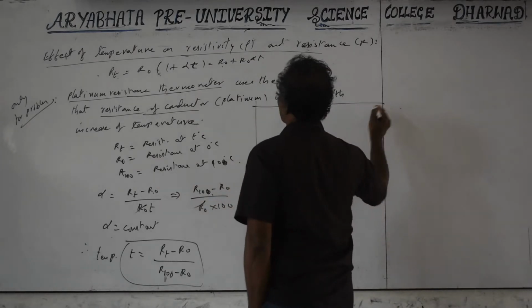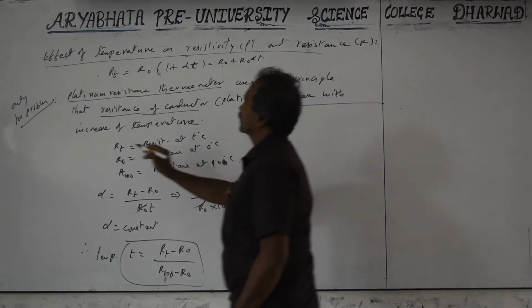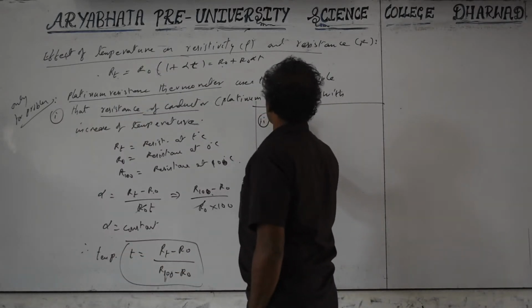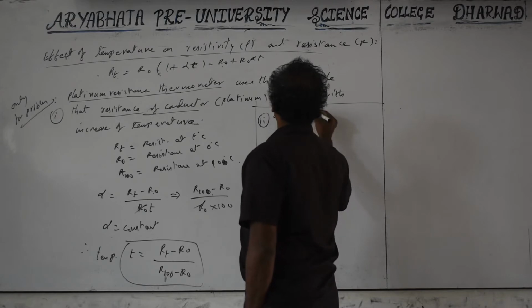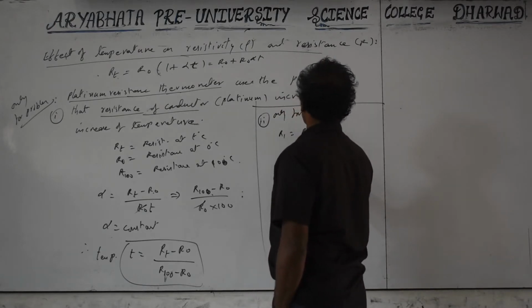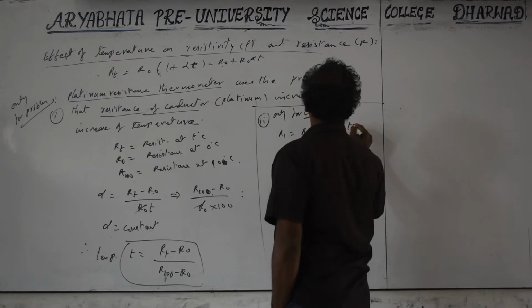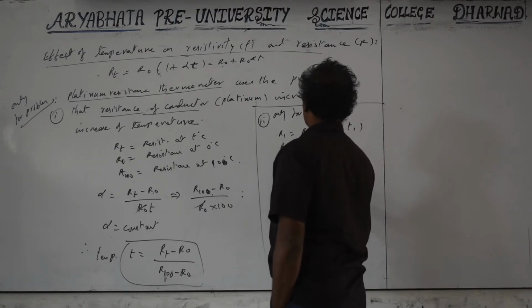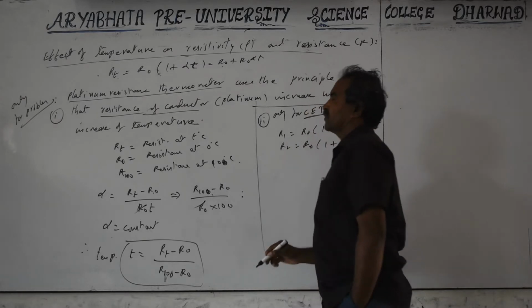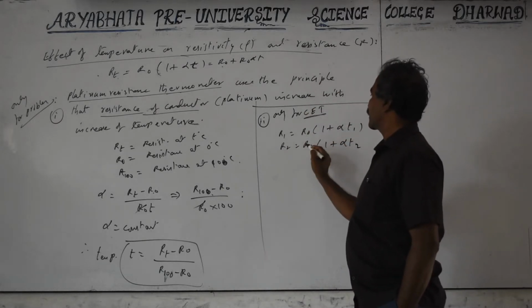Instead, you may sometimes be given this, only for a complex example, not for simple theory. R1 equals R naught into 1 plus alpha T1, and R2 equals R naught into 1 plus alpha T2. From this you have to take the ratio of these two, and R naught cancels.